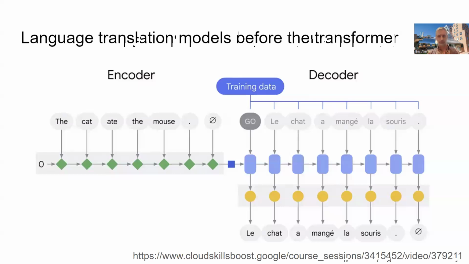If you guys remember, if you used Google Translate at all before about 2018, it was based on something called a recurrent neural net. The problem here is we have a sequence of text. In this case, you were doing English to French translation, and the input is the cat ate the mouse. And the output should be the same sentence, but translated into French, right?